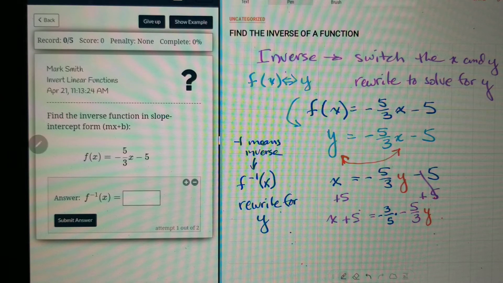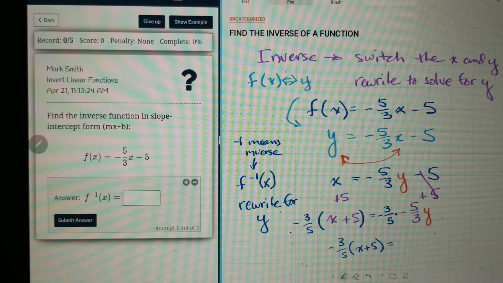So on this side, we have to multiply this times a negative 3/5. Now this says negative 3/5 times x plus 5 equals y. Let's see if they'll let us put in the answer like that.